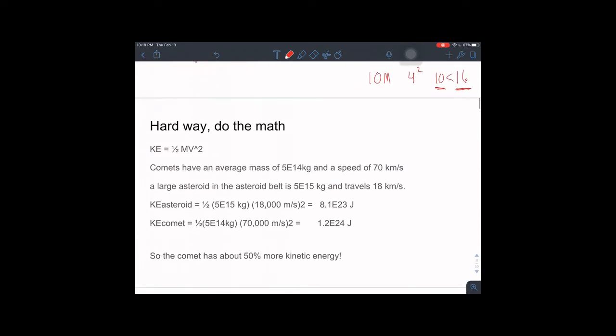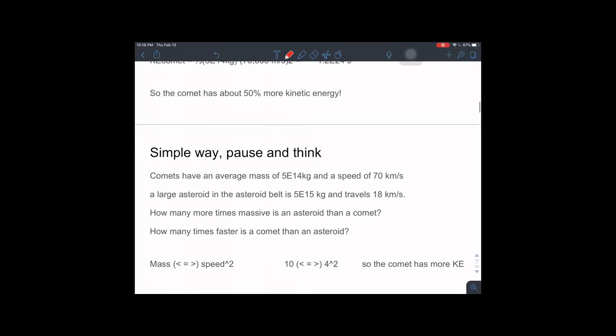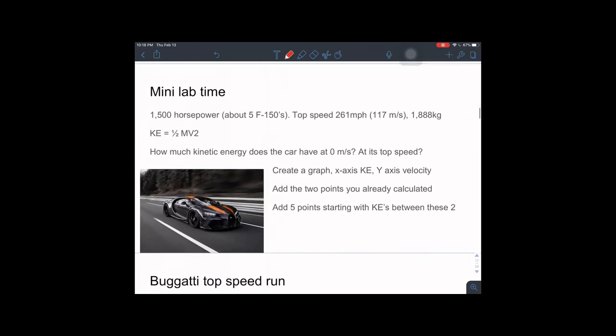So this is just what we're covering here, a few steps to show the math. We did this lab in class. If we're seeing it for the first time, we're seeing kinetic energy with velocity on the y-axis and kinetic energy on the x-axis.